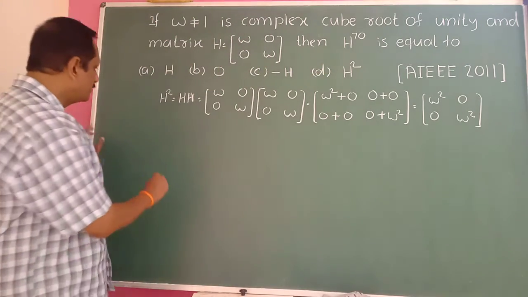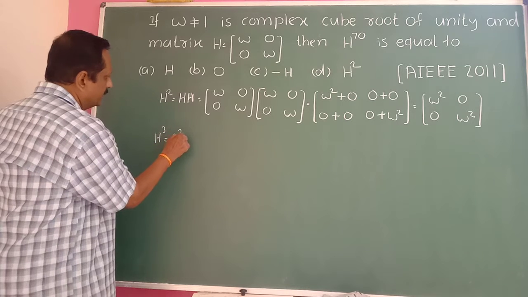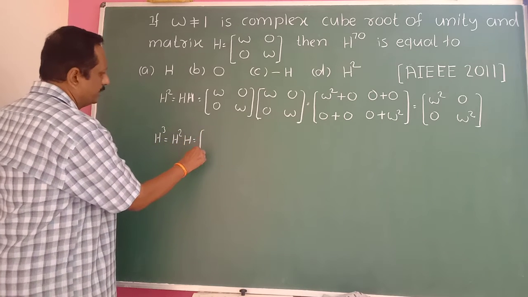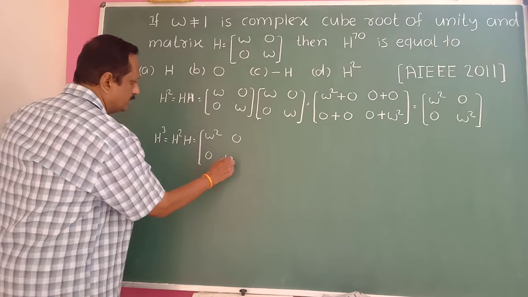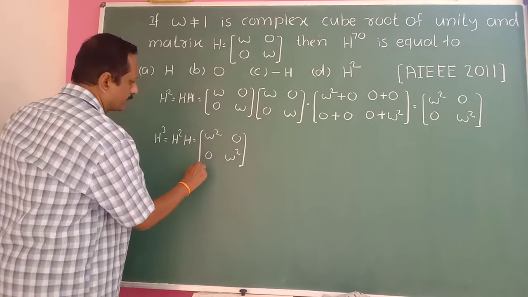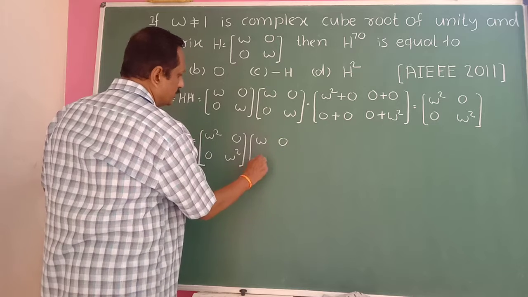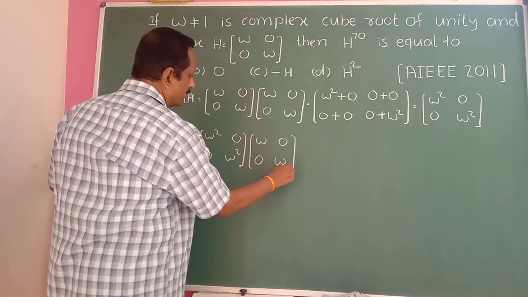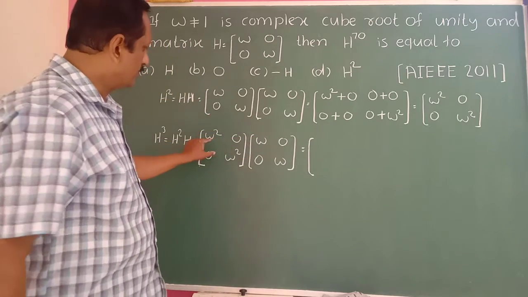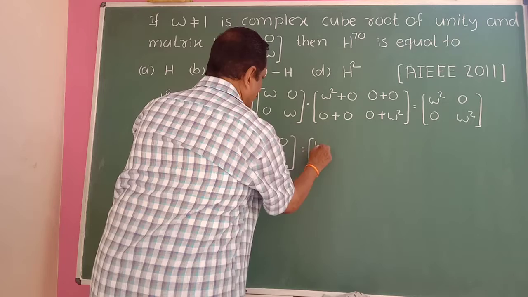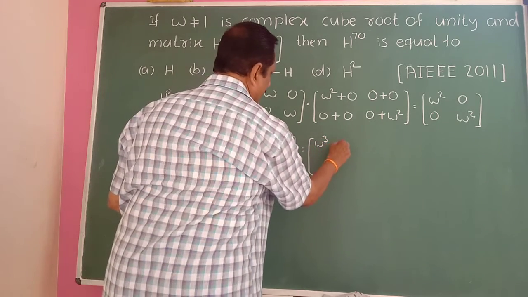Okay. And suppose if you take H cube here, just check it. H cube is H square into H. H square is omega square 0 0 omega square into H, which is omega 0 0 omega. Then multiply the row with the column here. Omega square into omega is omega cube. 0 into 0 becomes 0.